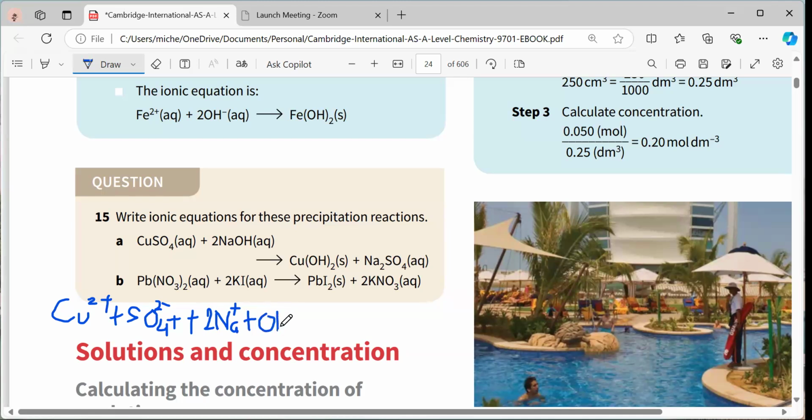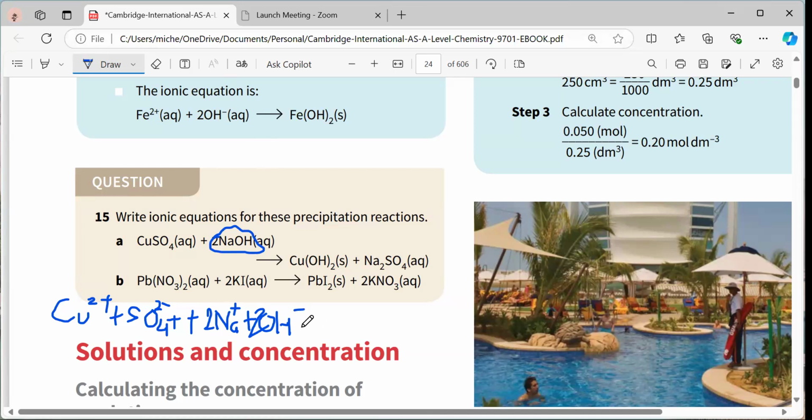Hydroxide is usually a negative charge. I almost forgot to add the two right here, since this whole equation has two of this sodium hydroxide. Please don't forget to write the two, or whatever number it has, at the very front of the compound, meaning that all elements should follow the number at the front.